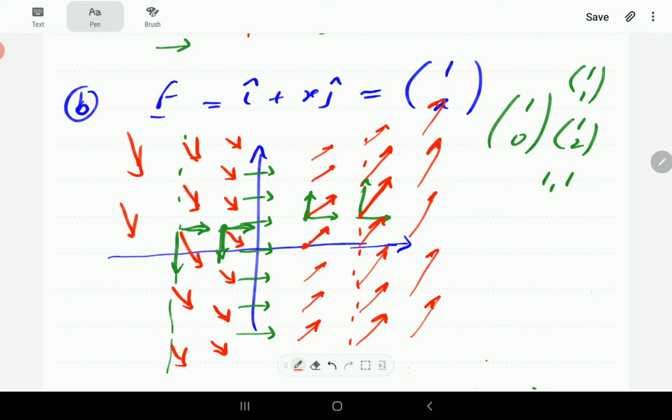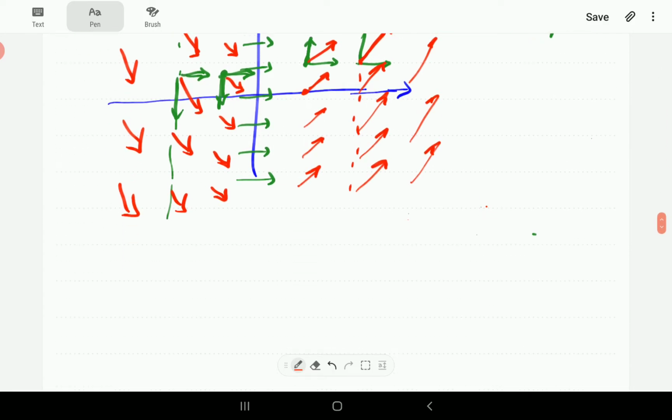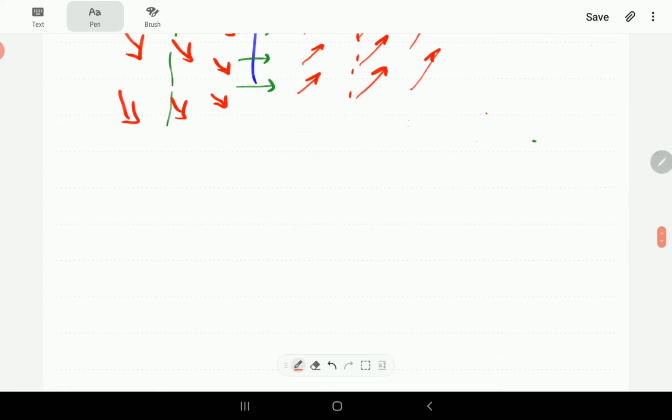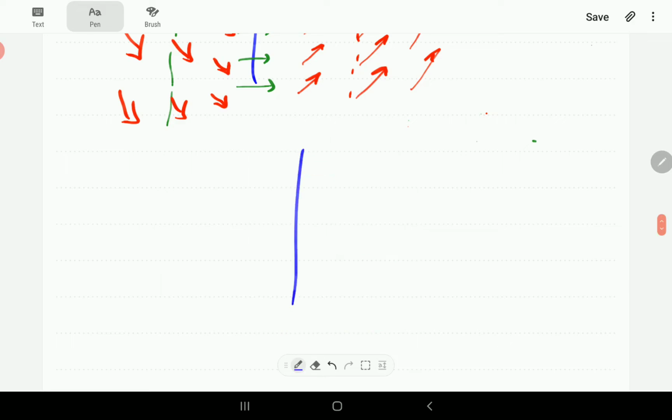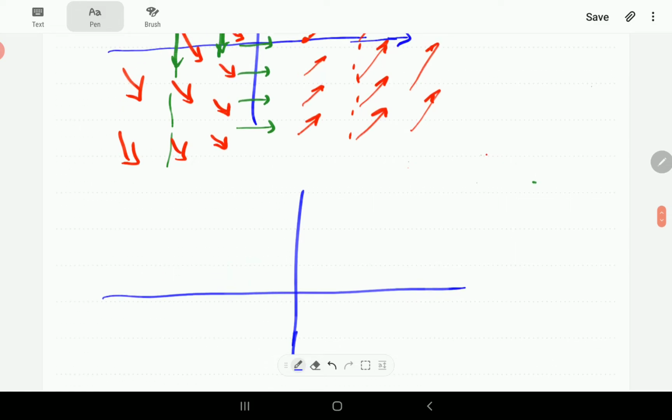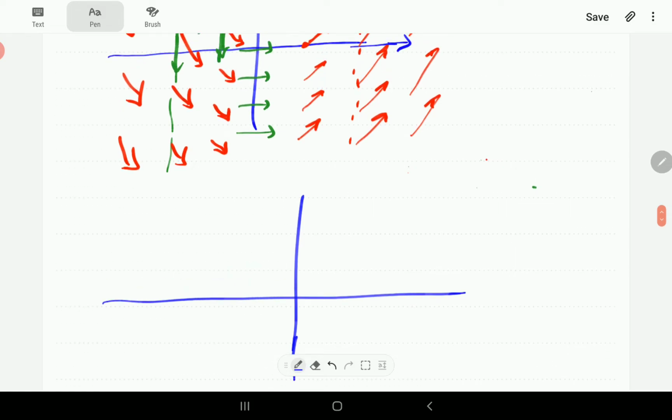And then these ones are going to be like that. So you can see that at the end of the day, if I can just make a fresh sketch here, what we are going to have is a vector field that is going a bit like this.